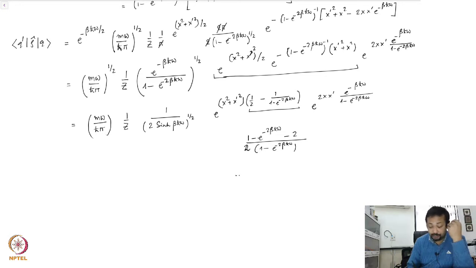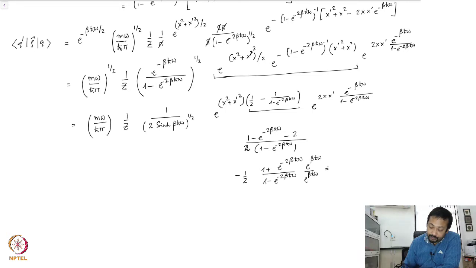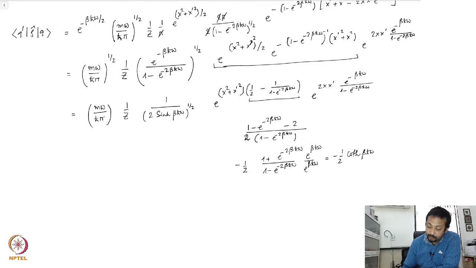The simplification gives you minus half (1 plus e to the power minus 2 beta h bar omega) divided by (1 minus e to the power minus 2 beta h bar omega), which you immediately see I can multiply the numerator as well as the denominator by e to the power beta h bar omega, and this gives me minus half coth beta h bar omega.